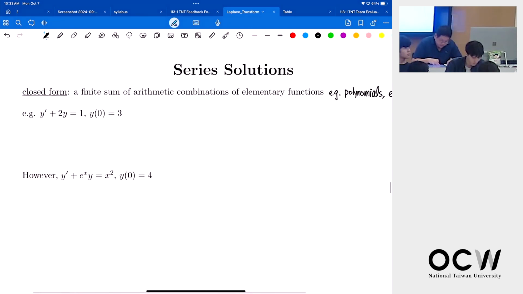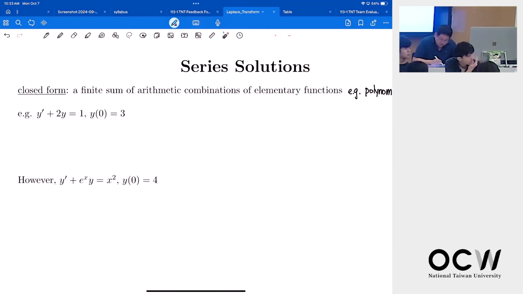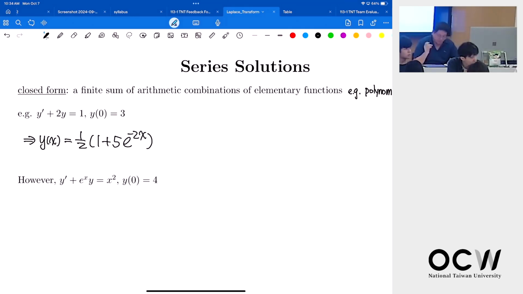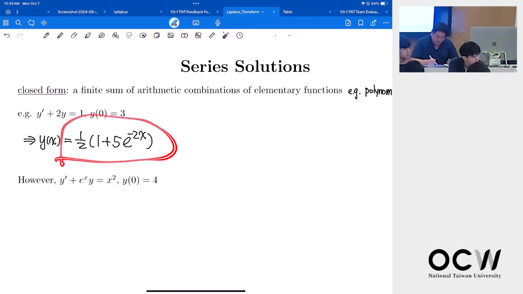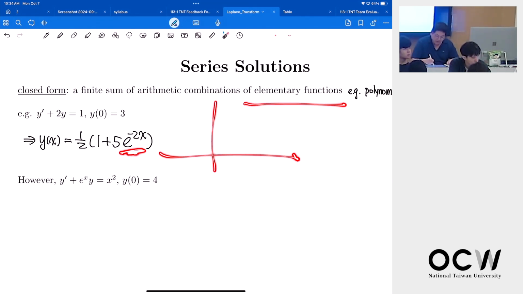For example, if I have this differential equation with the initial condition, then we know that the solution is 1/2 times (1 plus 5 times e to the minus 2x). Okay, this is closed form because all the elements here are elementary functions. This is the exponential, so it is easier to plot.